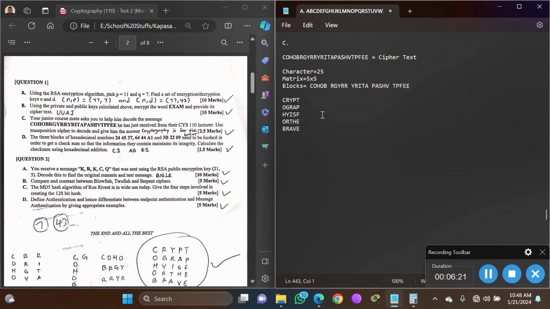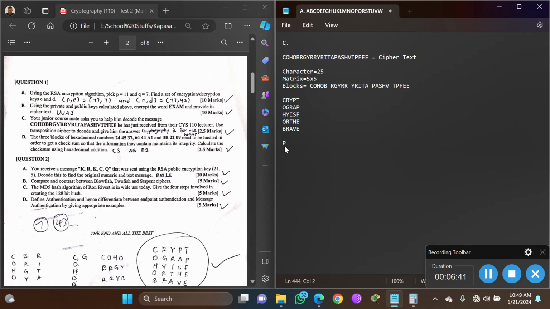Now, if we count 1, 2, 3, 4, 5, again 1, 2, 3, 4, 5, that's the meaning of 5 by 5, row by column. This is the row, we have 5, and the column has 5.